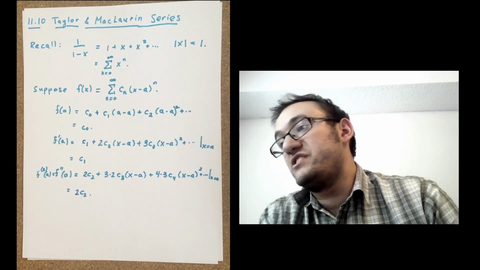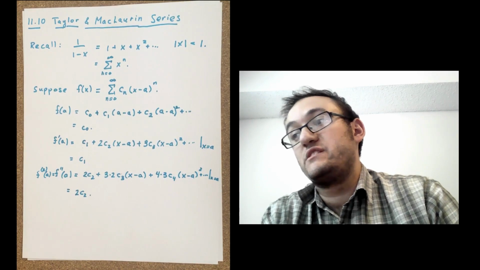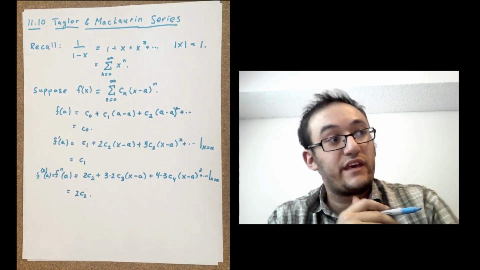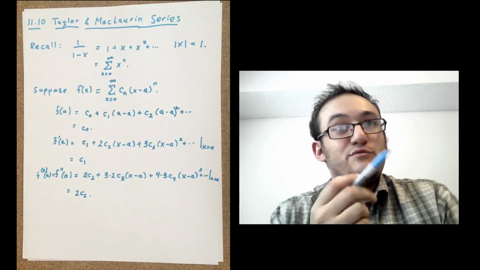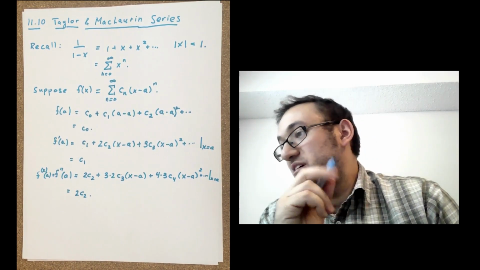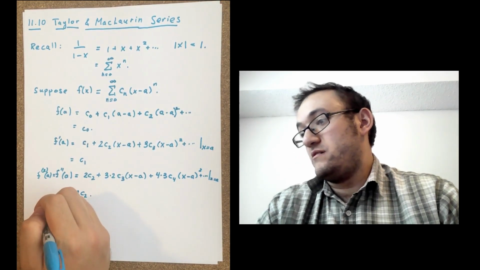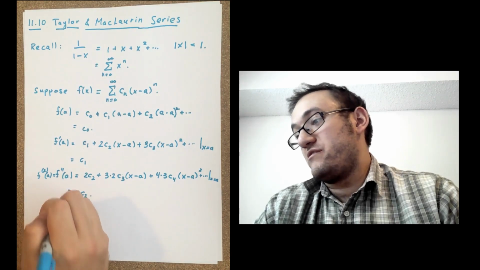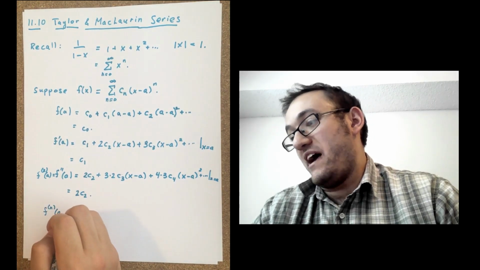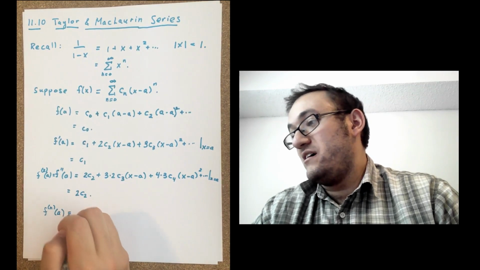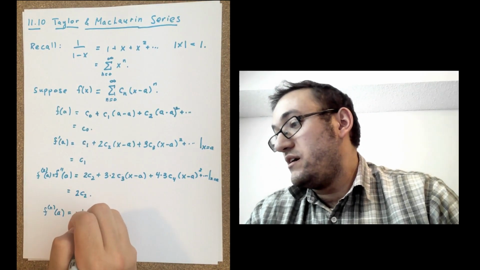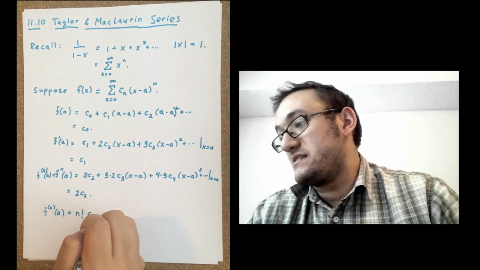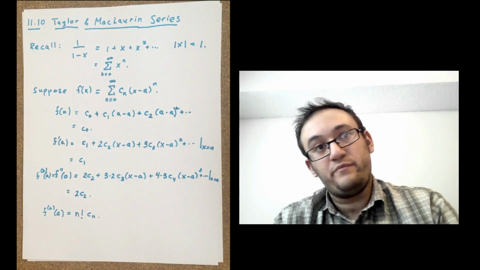Every coefficient of this power series is related to the derivatives. And if we did this a few times, we would see a formula developing that the nth derivative of f evaluated at a is going to be equal to n factorial times c sub n. Okay.